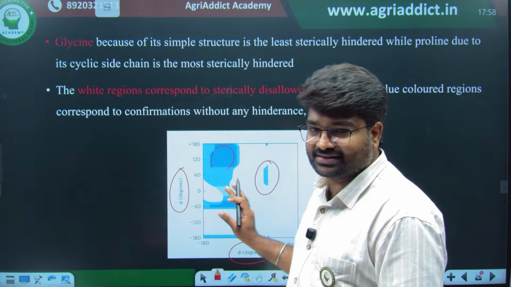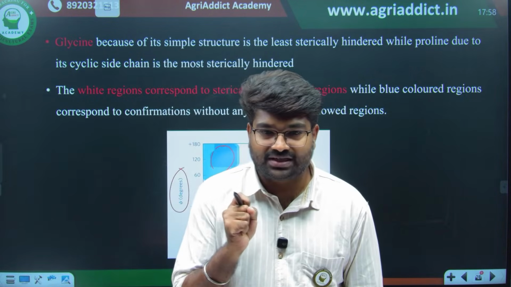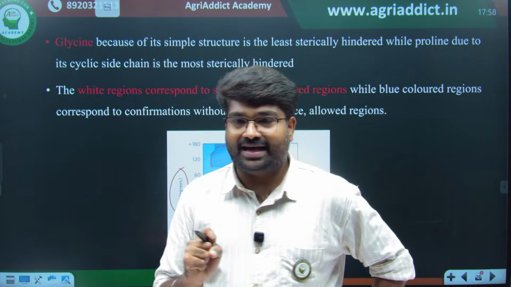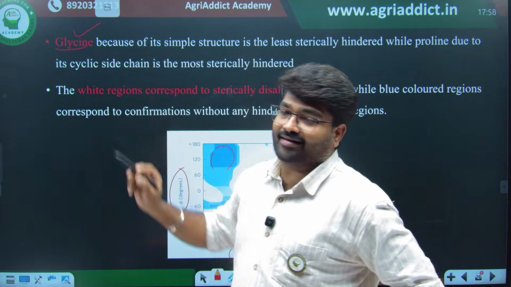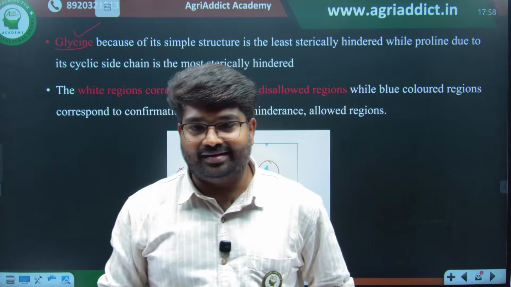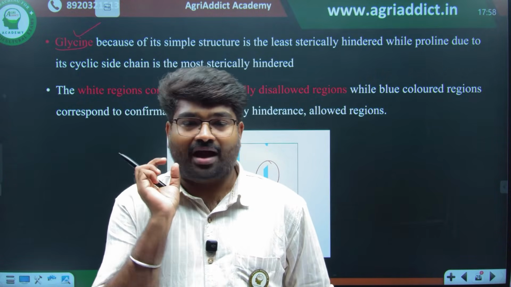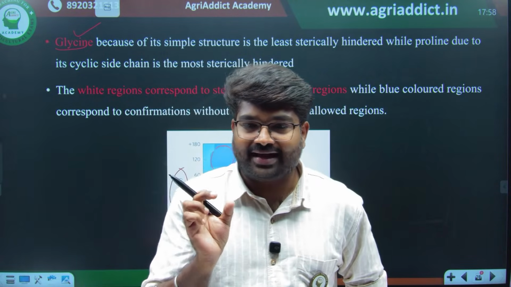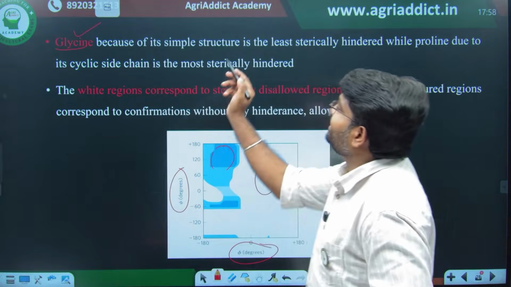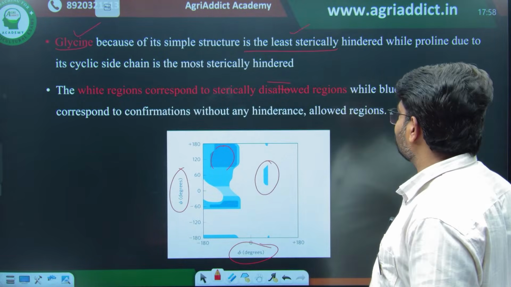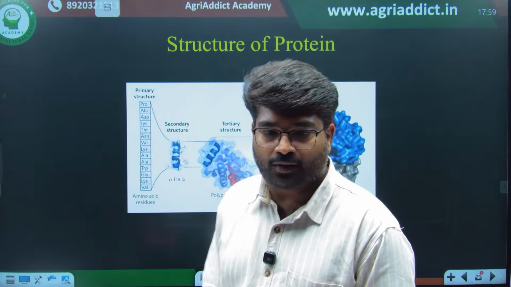Like this, he detected the phi and psi values. The question they will ask here: glycine is less sterically hindered. Why? Because it has only H as its R group, so it is less sterically hindered. You have to remember this.